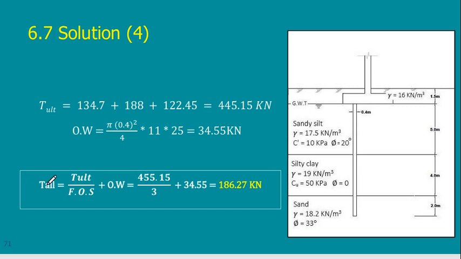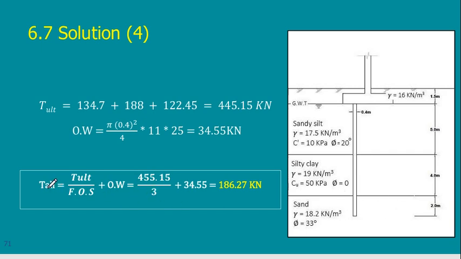Of course, if this is the start of calculating this example, then I need to check the structural capacity. But here, because I know the structural capacity of this pile from previous examples, and usually in tension the load is very small, sometimes I neglect the structural capacity.